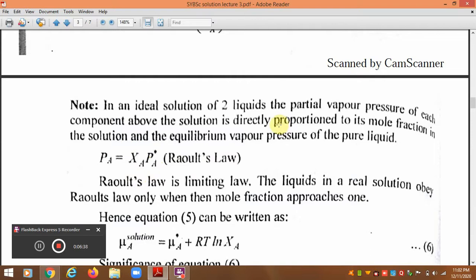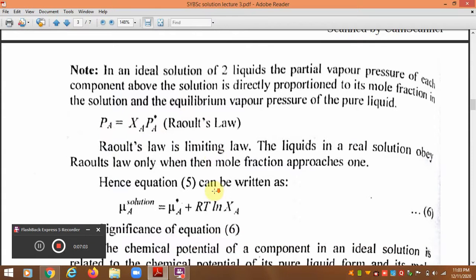As it is ideal, it means it follows Raoult's law, and you know very well Raoult's law is P is equal to XA into P star A. It means the partial vapor pressure is always equal to the product of the mole fraction of the component and the pure vapor pressure. This is the simple case, and Raoult's law is the limiting law for a real solution which obeys Raoult's law.